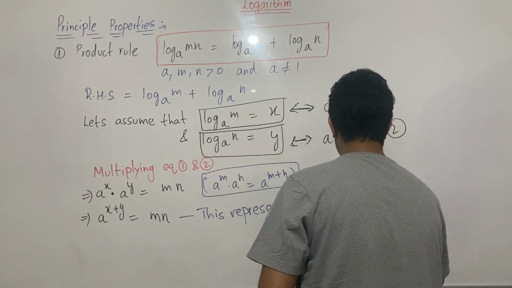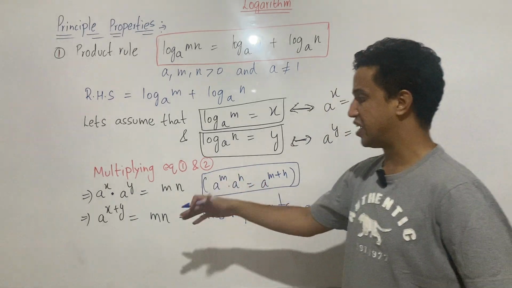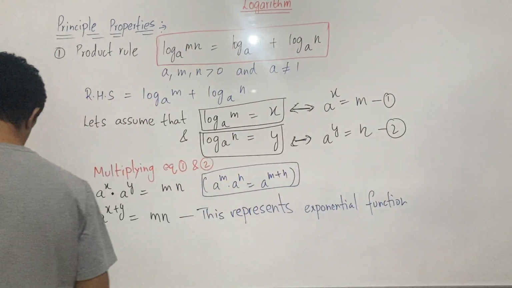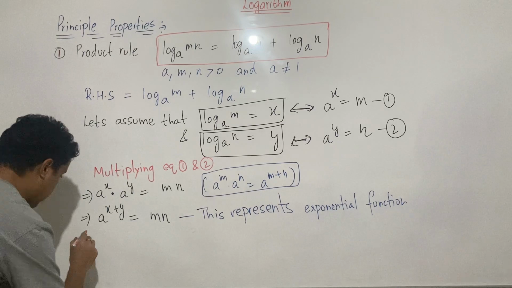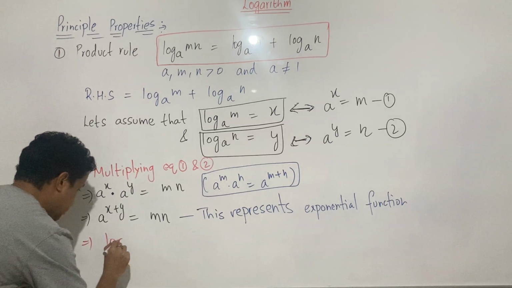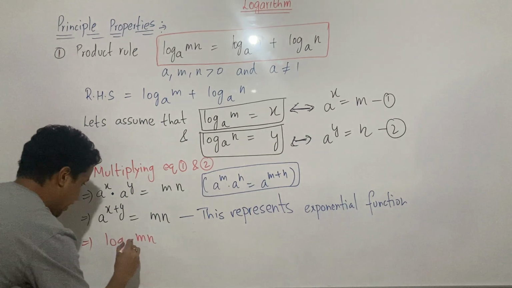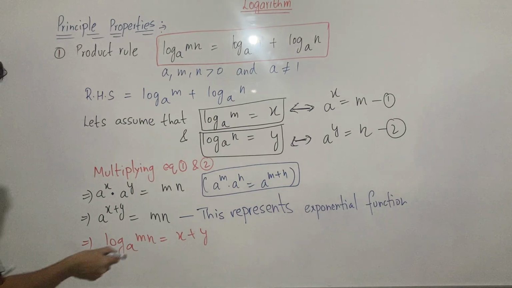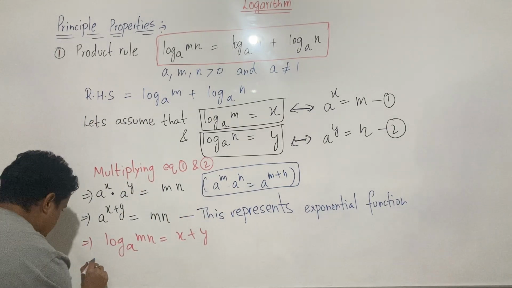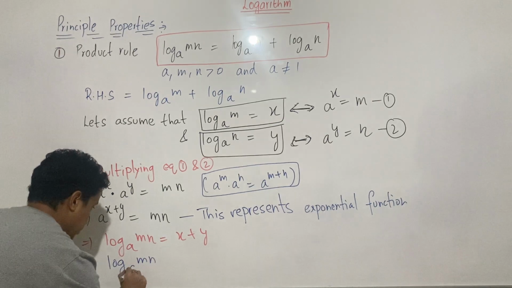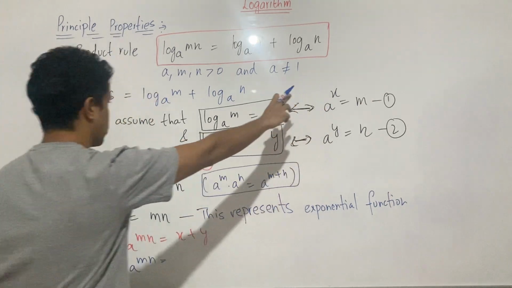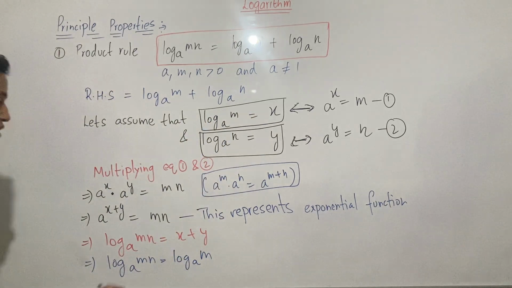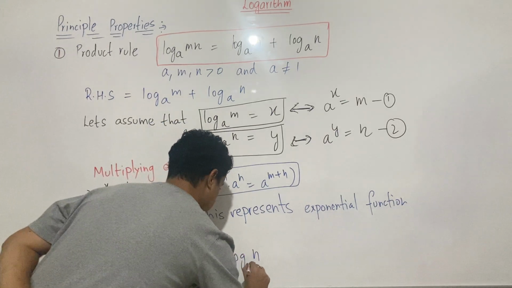If you change it to the logarithmic function, then it would be log mn to the base a equals x plus y. Further, log mn to the base a equals, what is x? x was log m to the base a, plus log n to the base a.